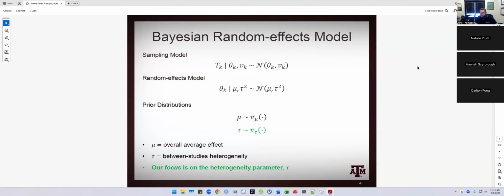So here is the setup. The first level of the model, and we'll be using this model for most of the talk, but not all of the talk.